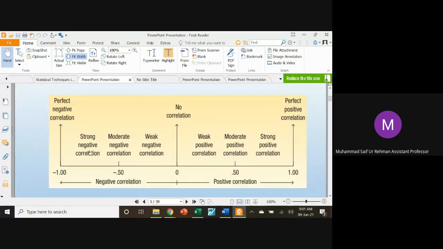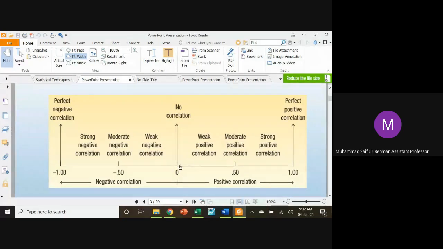Similarly, strong negative correlation, strong positive correlation will be there when it is from 0.5 up to 1. So as the value is near 1, a stronger relationship will be there. As the value is near -1, the stronger the negative correlation will be in that case. Similarly, if the values are near 0 on this side, weaker negative correlation will be there.